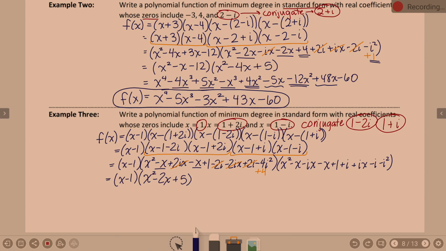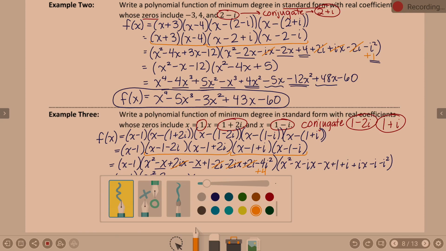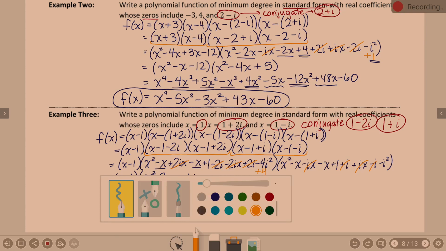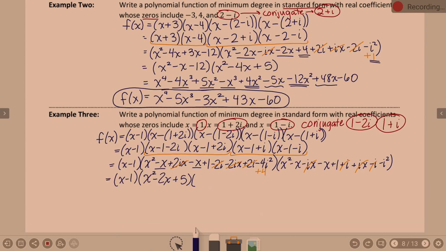Okay. In my next one, I'm going to cancel what? Minus ix cancels with plus ix. Plus i cancels with minus i. So, x squared minus x and minus x is minus 2x.